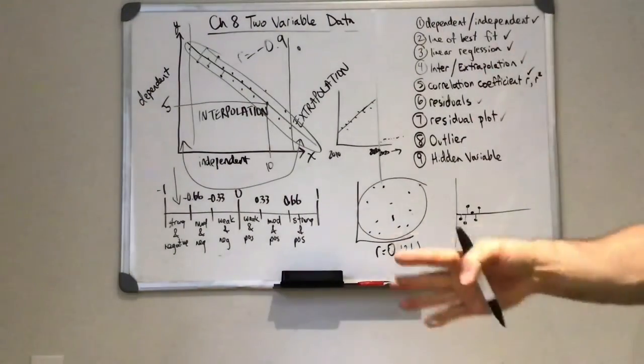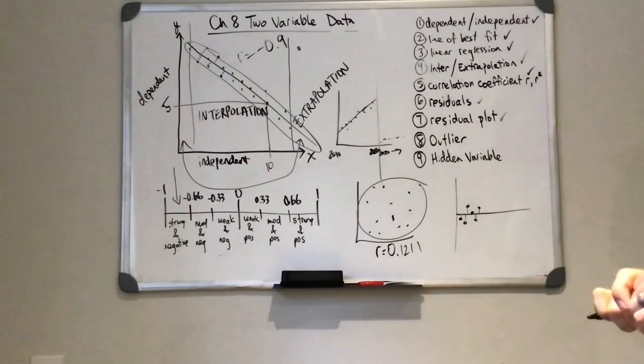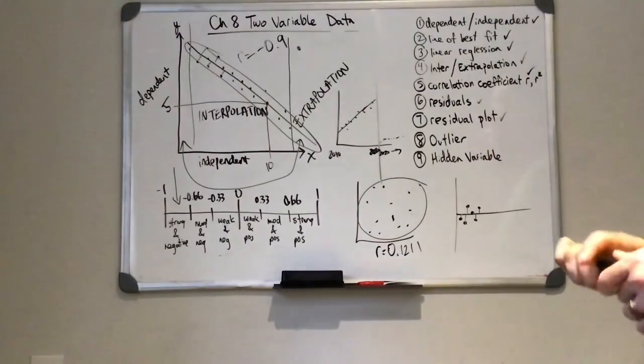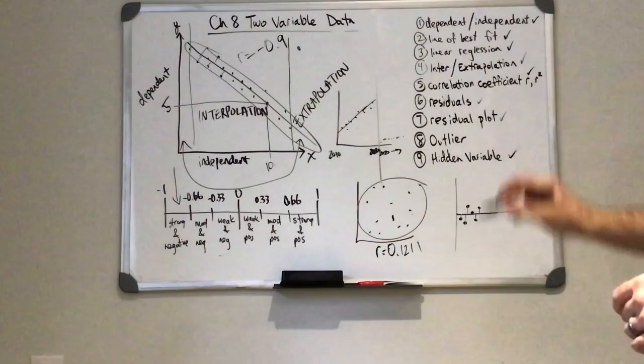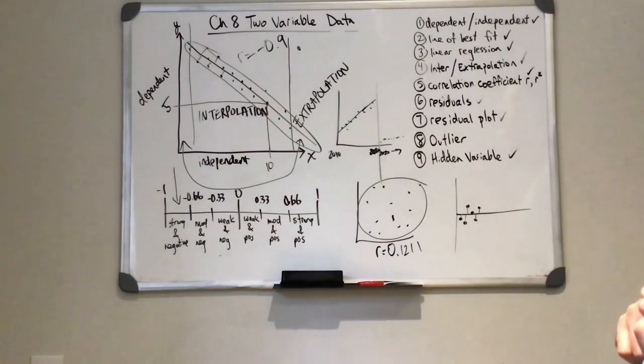I would look at those two different periods of time separately and then discuss the hidden variable and how that factored into that outside influence that changed the results on the graph.